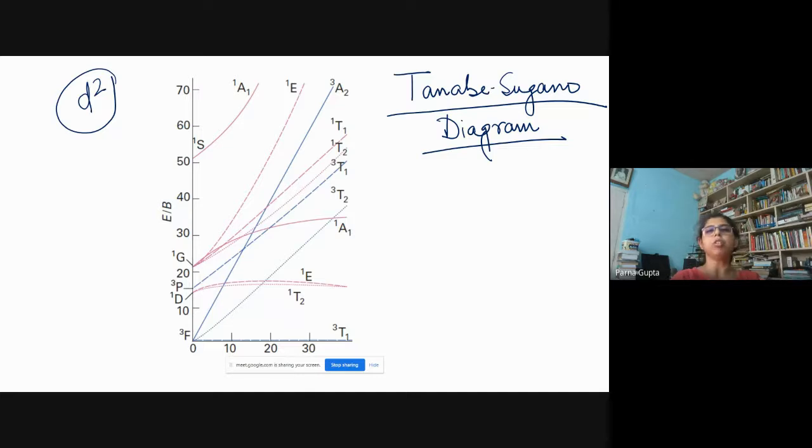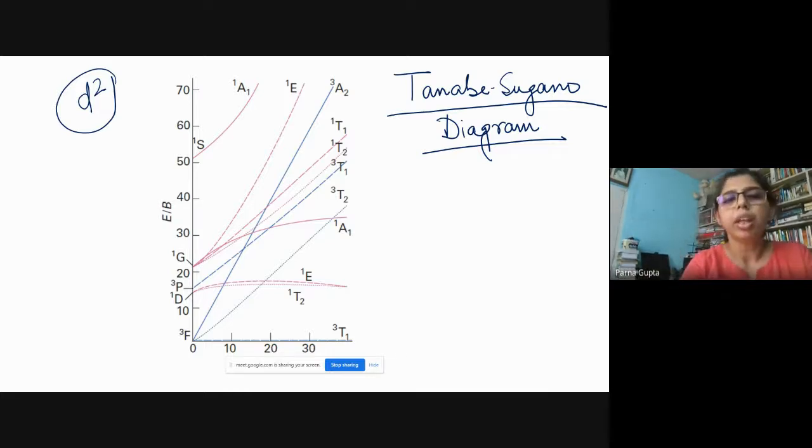The crossing of states of the same type is not allowed. Like 1T1 will never cross with 1T1, and they will repel. Why that happens, I shall explain, but you don't have to remember. You will understand.